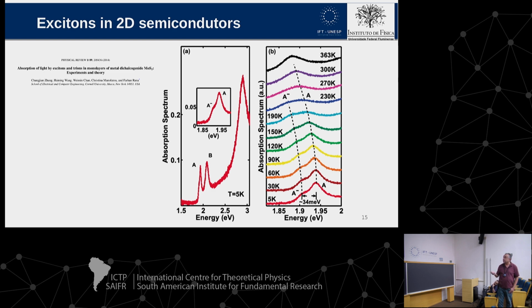They measured the absorption of light as a function of energy. Those are the two excitons that appear in molybdenum disulfide. This is for 5 K, but when you go to room temperature, you still see the excitons, because the binding energy is quite large.